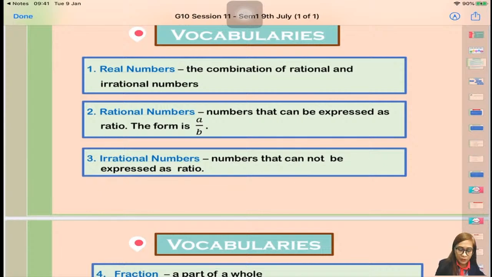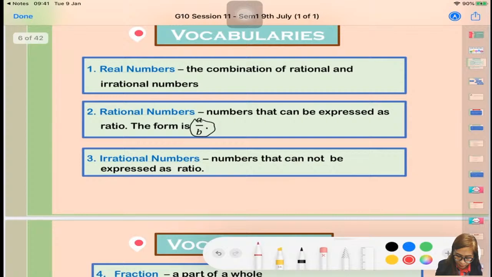These are numbers that can be expressed as a ratio, in the form of a over b. If it is in a over b, make sure that it's a rational number. Irrational numbers are numbers that cannot be expressed as a ratio. So irrational numbers are not rational numbers. It is the opposite of rational numbers.